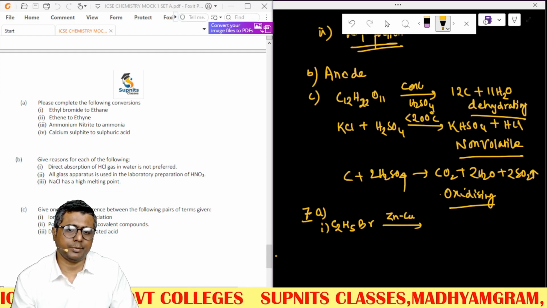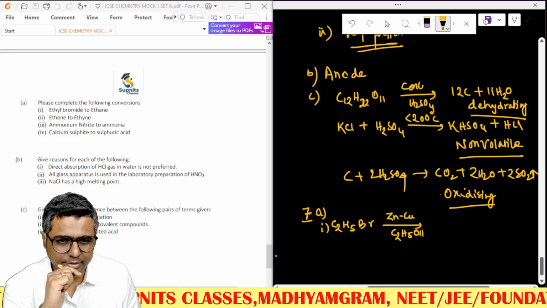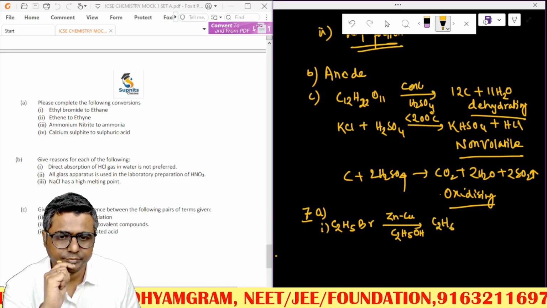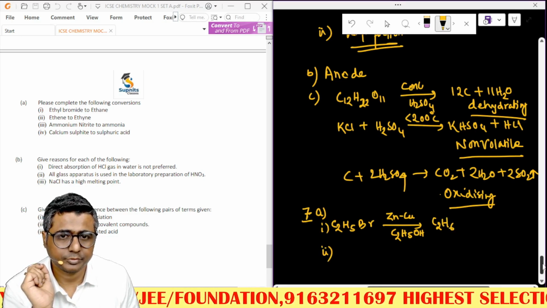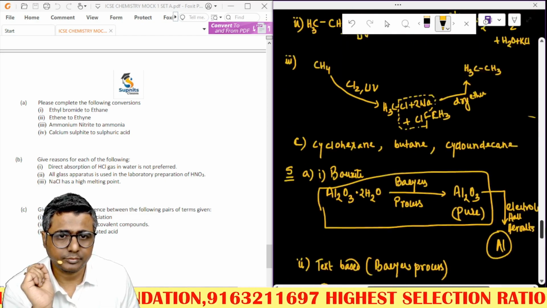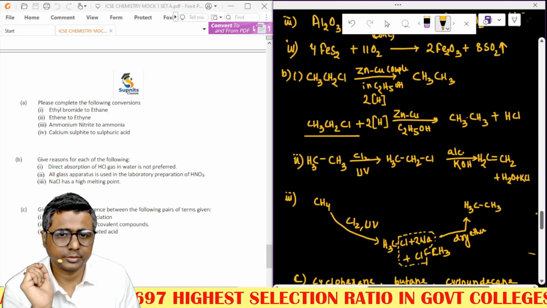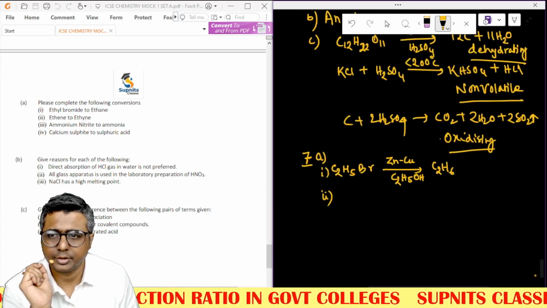Zn-copper couple in ethanol will give you C2H6. This reaction has already been done. I'll show you. We have done this one for Cl, so this is given for Br. The same reaction will be there.